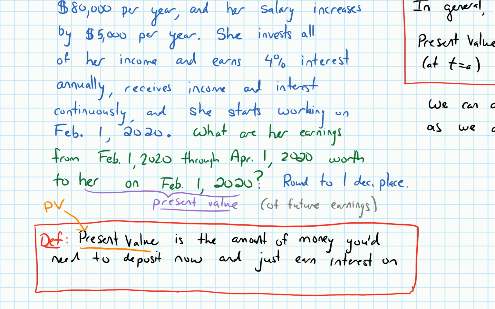So you're not adding any income to it. It's just some lump sum of money you're going to deposit and just earn interest for the rest of the time period, for that to end up equaling the future value of the income stream.